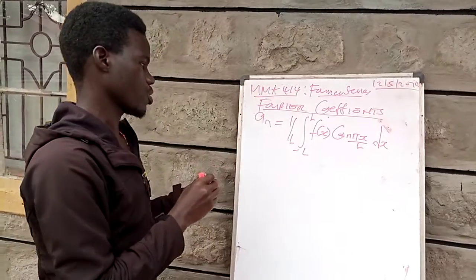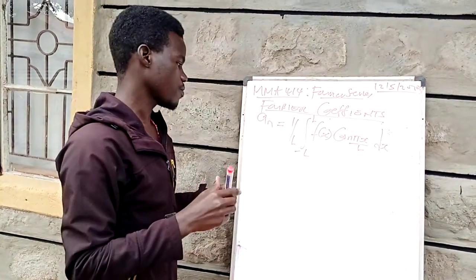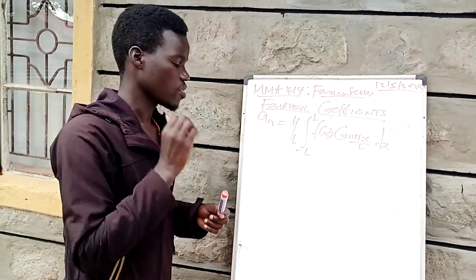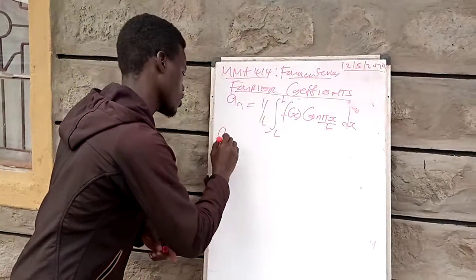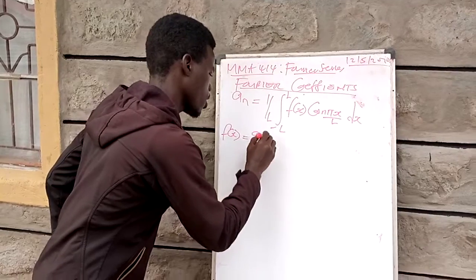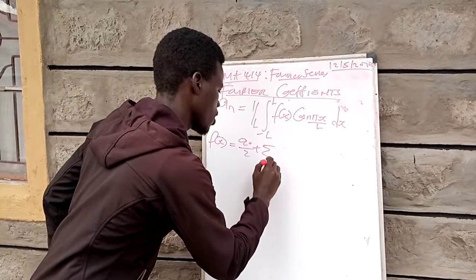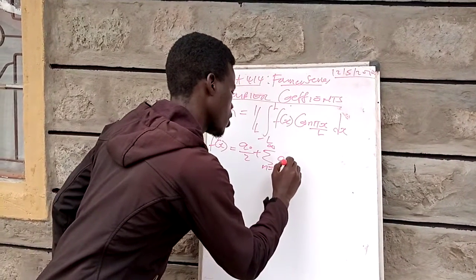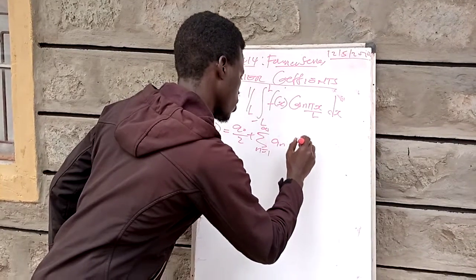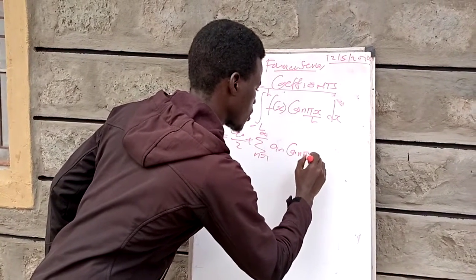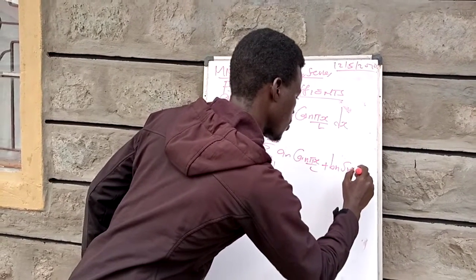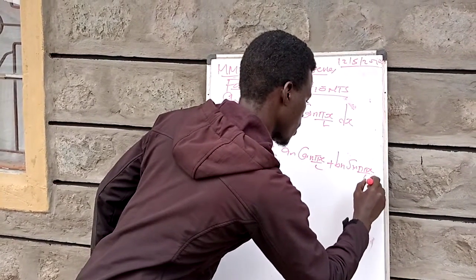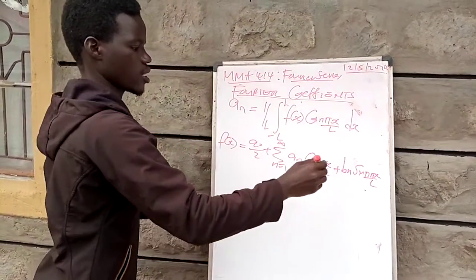So we are going to proceed with finding bn, but we have to recall the Fourier series formula, which is f of x equals a naught over 2 plus summation as n runs from 1 to infinity of an cos n pi x over L plus bn sin n pi x over L. So that is our equation 1.